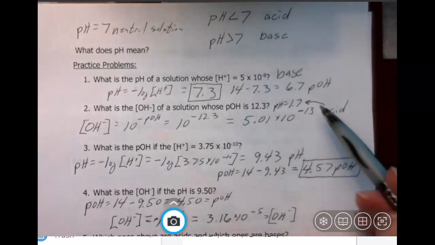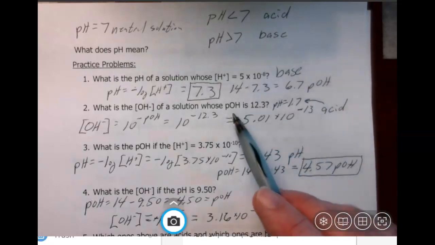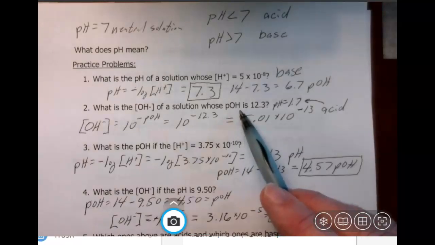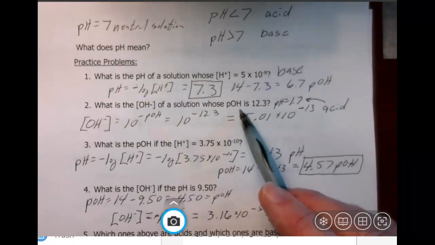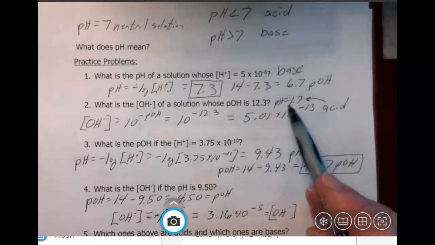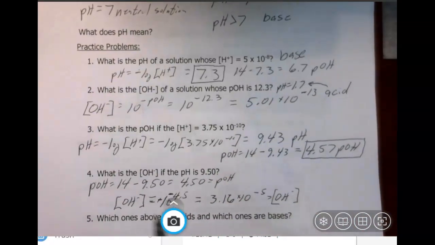Now you can also remember that anything with a pOH of greater than 7 is an acid, but that almost always confuses people. It's almost always less confusing to find the pH, and then if the pH is less than 7, you have an acid. All right.